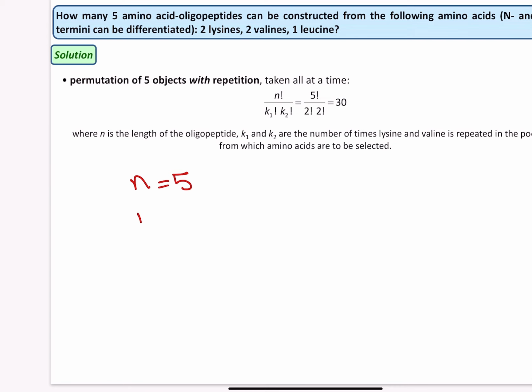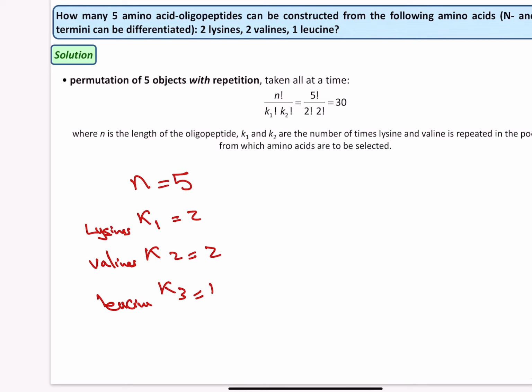I have here k1, or r1, or whatever: k1 equals 2, which is the lysine. I have k2 equals 2, which is the valine. I have k3 equals 1, which is the leucine.